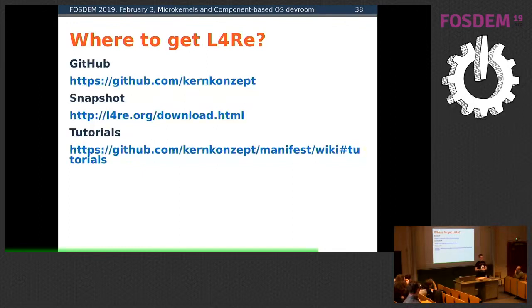So for example, if you wanted to recreate some of the demos that I was showing, components available on GitHub will not be sufficient because, for instance, the console multiplexer and the Virtio switch are not on GitHub yet. But you can go to L4Re.org, download HTML, and from there download a snapshot and copy the respective missing packages over to your checked-out source tree, and it will just build fine, and you can use them as I did. In fact, that's what I've done.